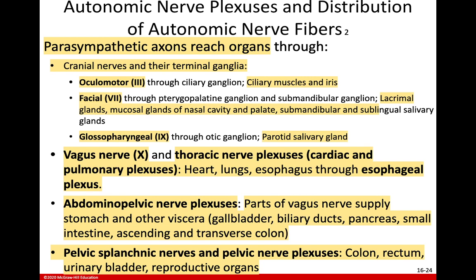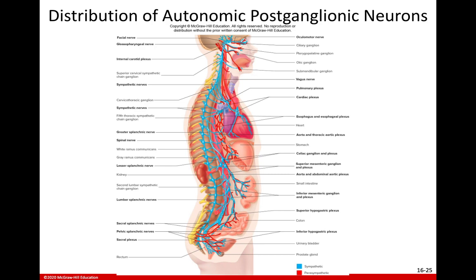This is because there are nerves from both parts of the autonomic nervous system, both the parasympathetic and sympathetic, that innervate the heart and lungs, the abdominal pelvic organs, and the eyes. Depending upon the conditions, one system or the other will be more in control of the function of those organs, and that's called dual innervation.